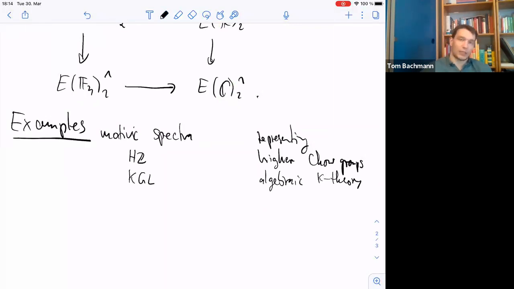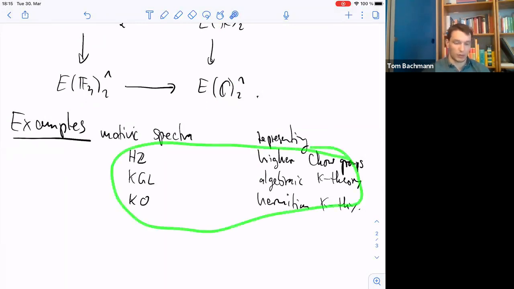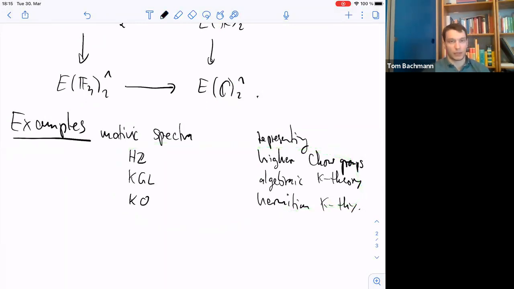You can do something else. There's a spectrum called capital KO, which represents Hermitian K-theory. Maybe these are the most common ones to think about. But there are some other spectra which are of a more motivic origin. There's one called MGL, and this represents algebraic cobordism.